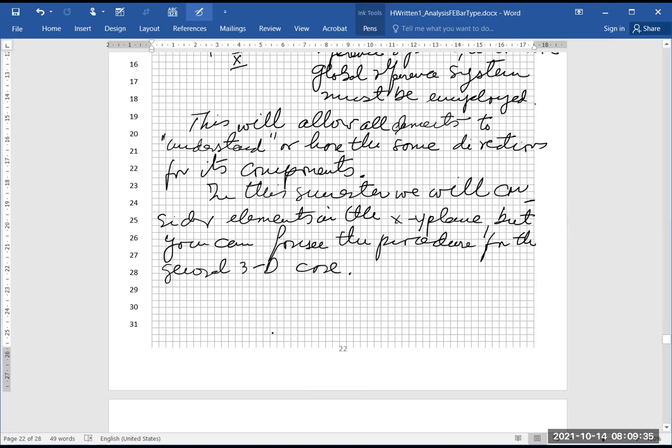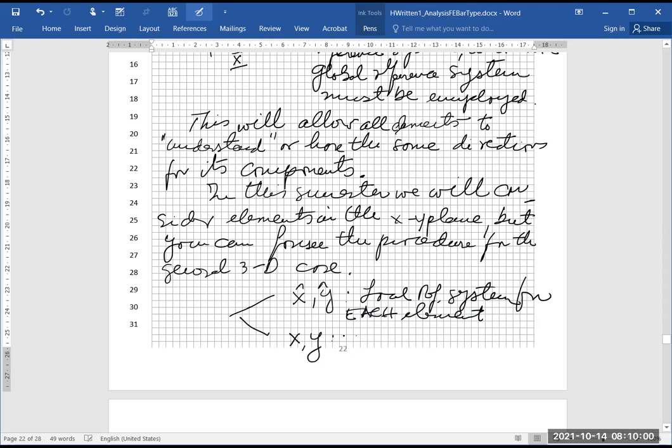Okay, so let's define two reference systems. We said X, Y with the hat, this is the local reference system for each element. And then we have X, Y, you see that there is no hat, this is the global system for the whole structure.